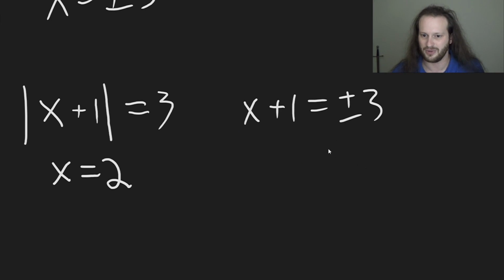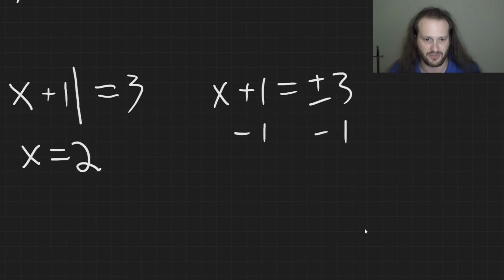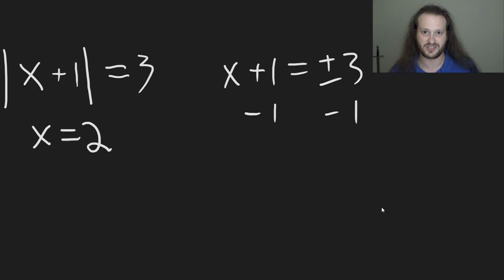So this doesn't look good because then I try to subtract 1 on both sides. How do I know which one to use? It's both plus and minus 3 at the same time. We're not doing quantum mechanics. So the better way to go about this is to literally split this up into just 2 separate equations and then work on them separately.